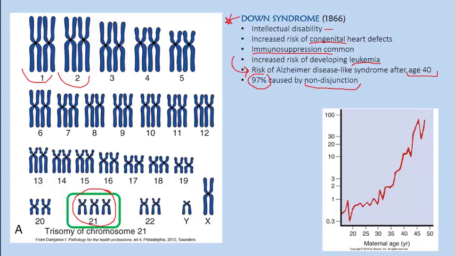And if they don't undergo disjunction, what ends up happening is, and this is just a very, very simple example, instead of one of these going here and one of these going here to a new cell, this entire thing ends up going into one cell, which leaves nothing of that chromosome in the other cell.